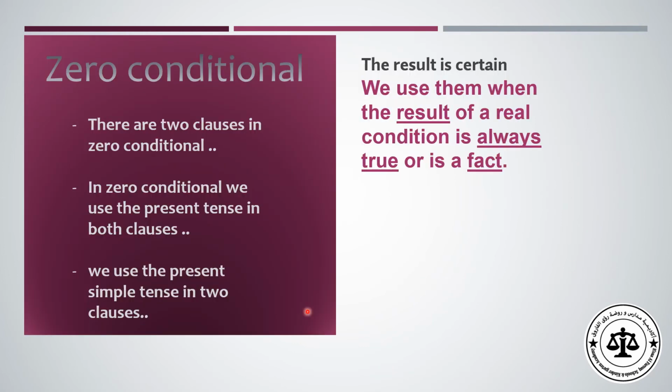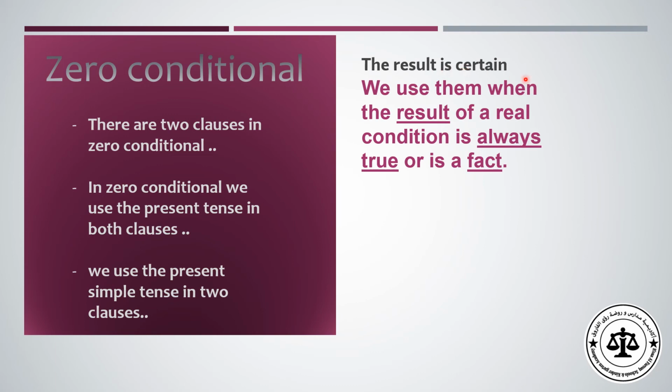The important notes that you have to know in zero conditional بالجملة الشرطية: there are two clauses in zero conditional and these two clauses are in the present tense, and if we start with the if clause we have to put a comma between the if clause and the result.